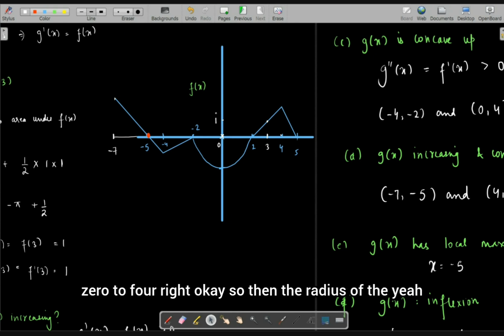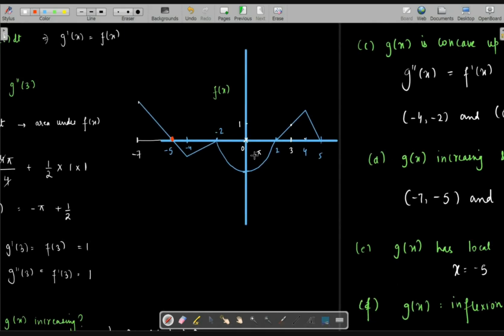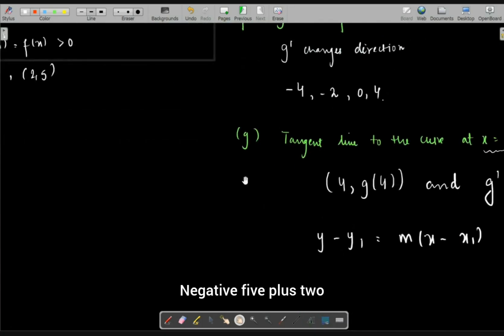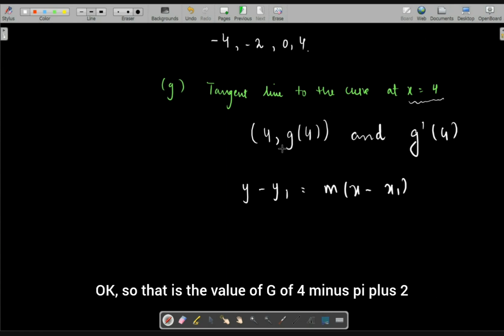Okay, so negative pi plus 2, since this only goes till 4. So that is the value of g of 4: negative pi plus 2.